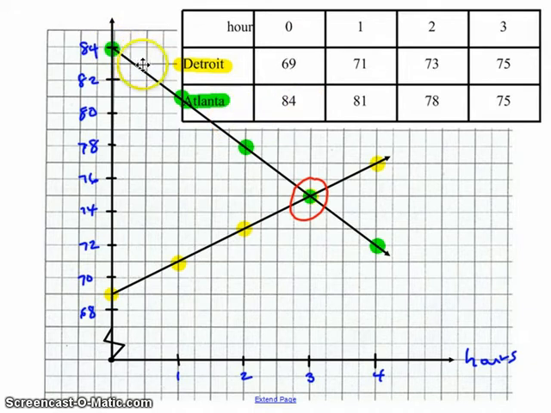Atlanta's temperature is going down by 3 degrees every hour, and that's what this path shows, and Detroit's is going up by 2 degrees every hour, and that's what this shows, and they cross. Like I said before, it really jumps out at you on a graph. They cross right here at hour 3 at 75 degrees. And that's also what appears in the table, but it just doesn't become something that's immediately as obvious.